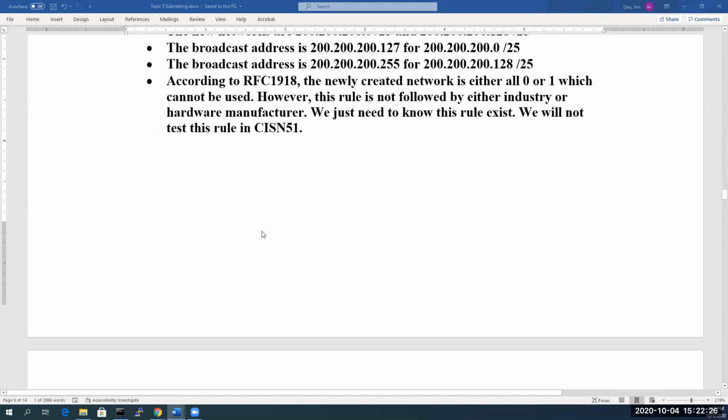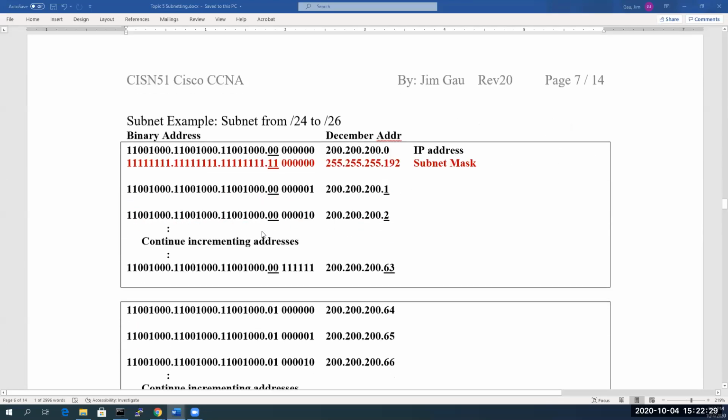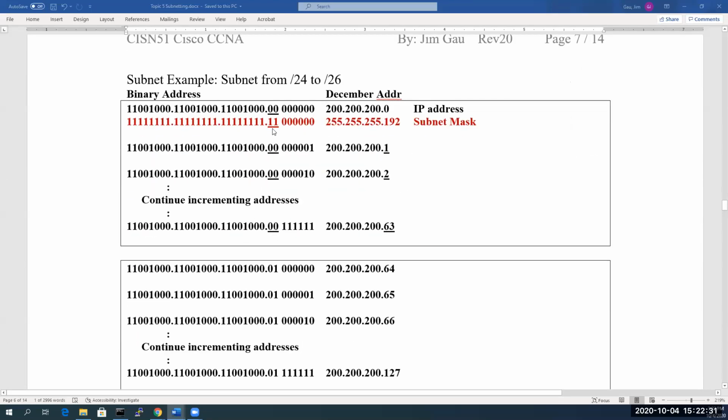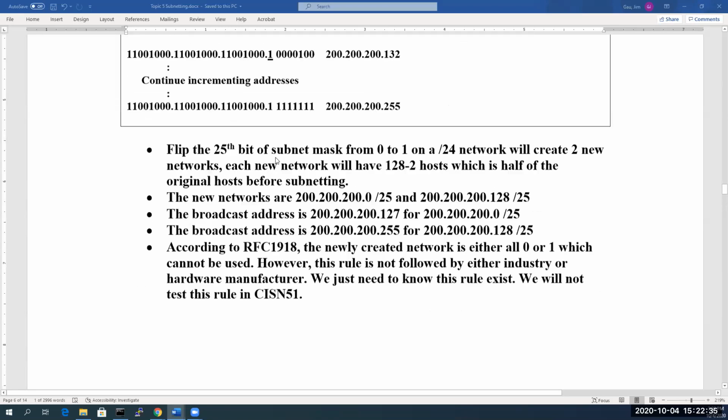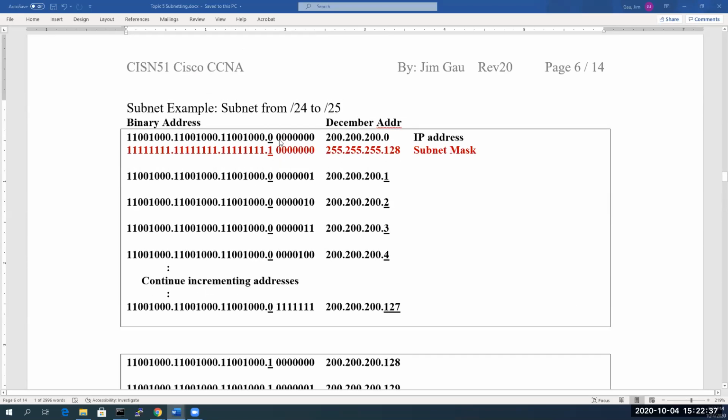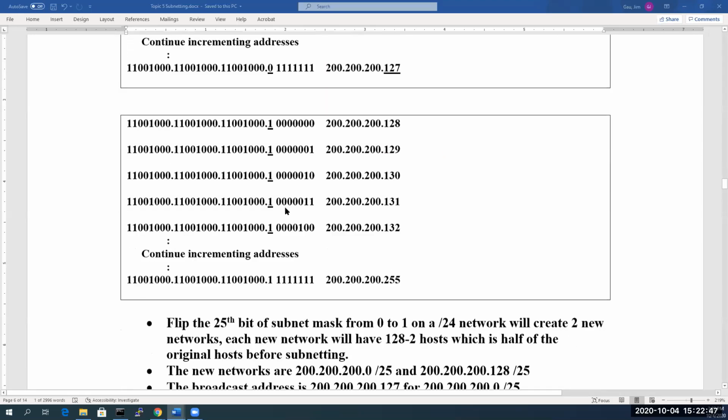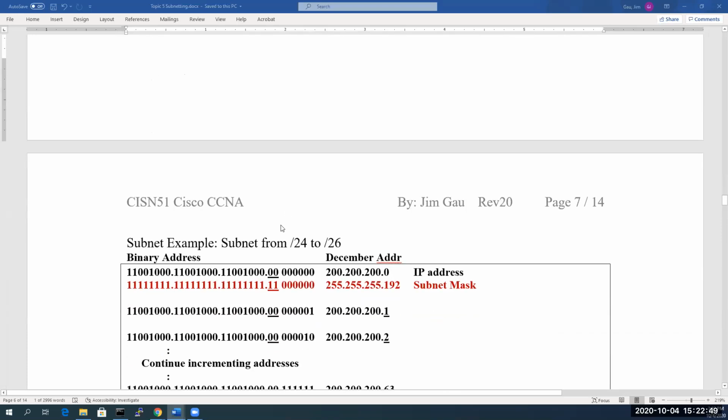Now we are going to go on to the next example here. If we keep doing it, we flip the other 0. You can see that we have a 0 here. The 25, 26, right? From /24, we changed that to /25. What about we keep doing it? Let me just change from /24 to /26, or even from /25 to /26, same thing, right?